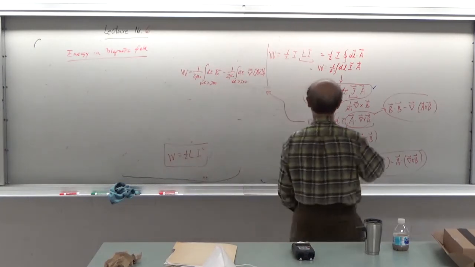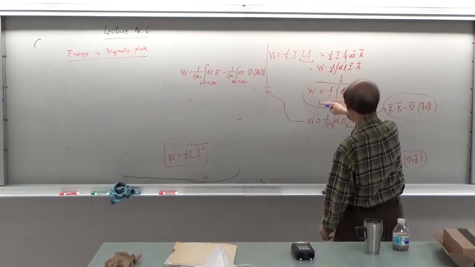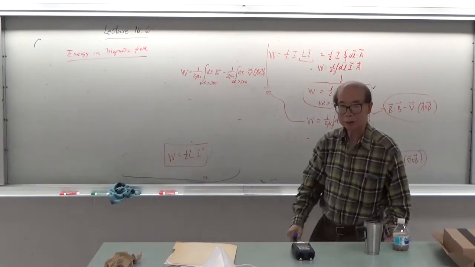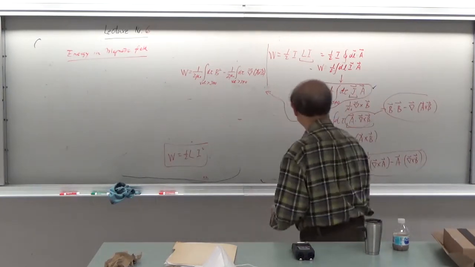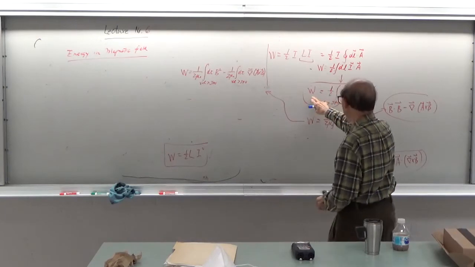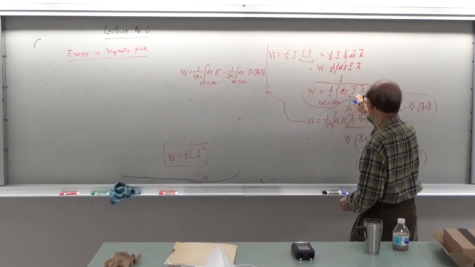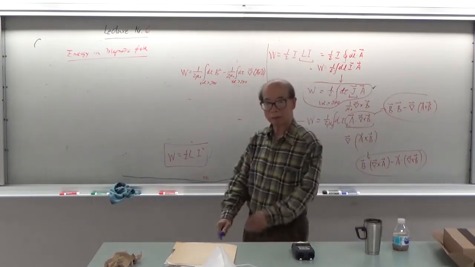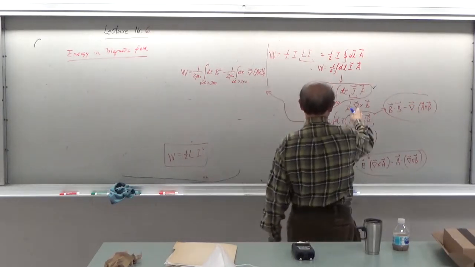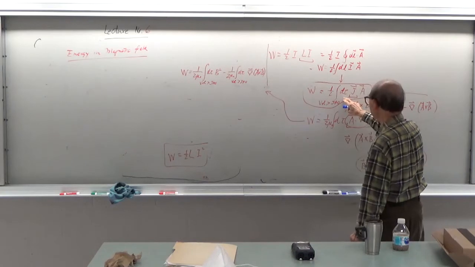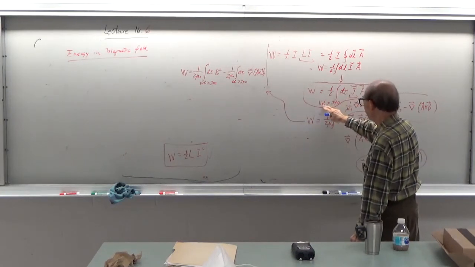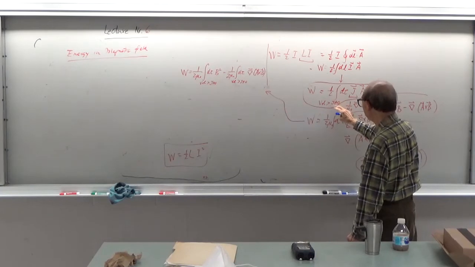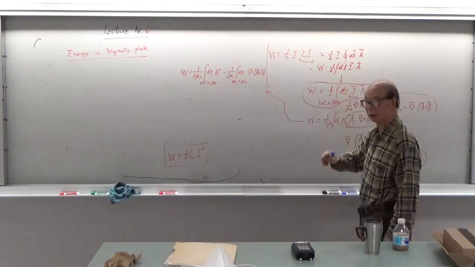And then we rewrote those in terms of something even more useful, so that we wrote down W as one half the volume integral of J dot A. A is the vector potential, J is the volume current density, and we're supposed to do the volume integration over a volume, at least including the region where J is non-zero.